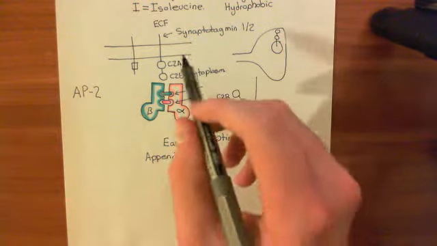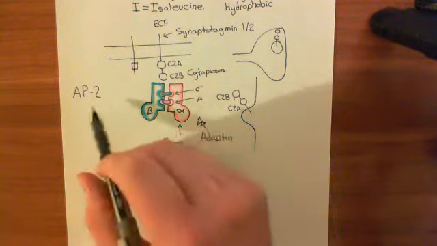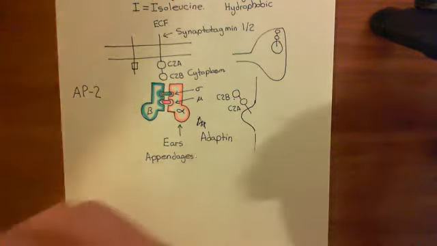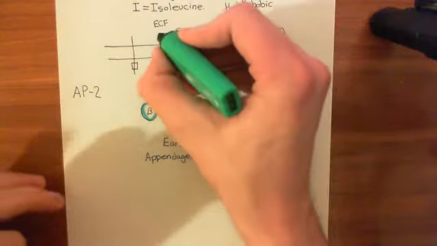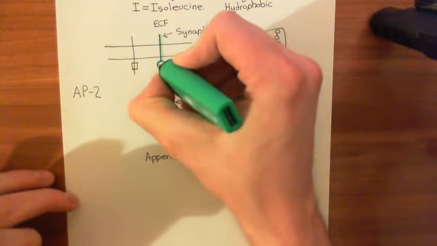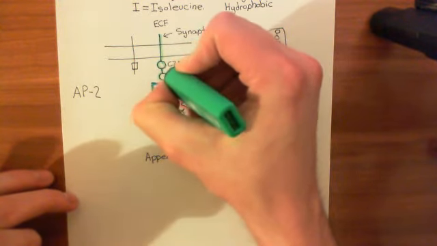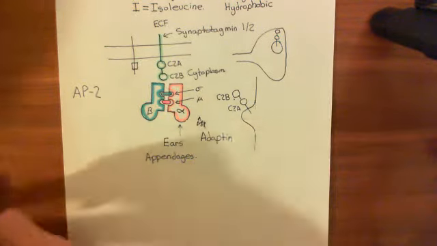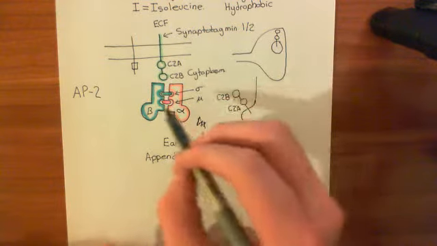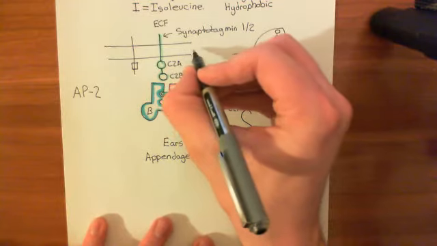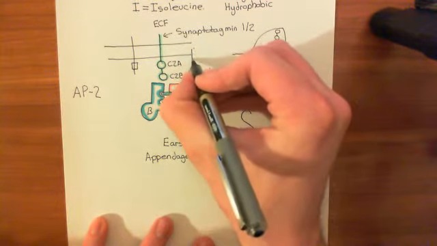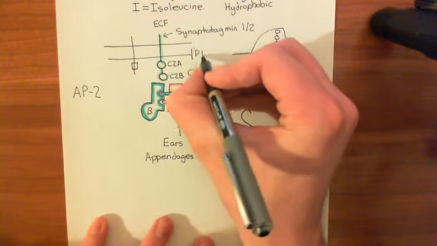Right, so the adapter protein complex 2 is going to bind to the C2B domain of the synaptotagmin protein here. Okay, and we'll draw this in green. And what we have found is that there's a lipid component of the phospholipid bilayer that enhances this binding. So in the phospholipid bilayer, what you often find is PIP2 molecules, which for the basis of this video I'll just draw like this.